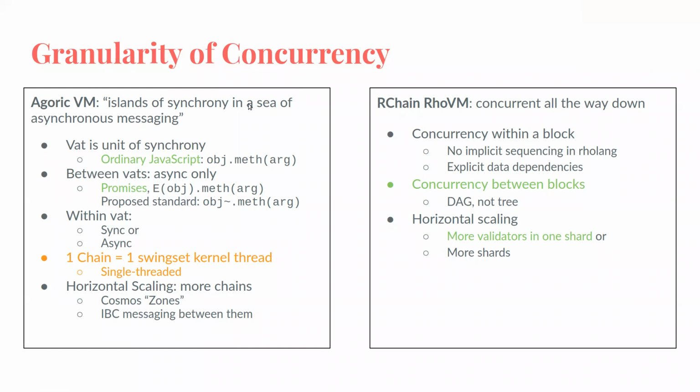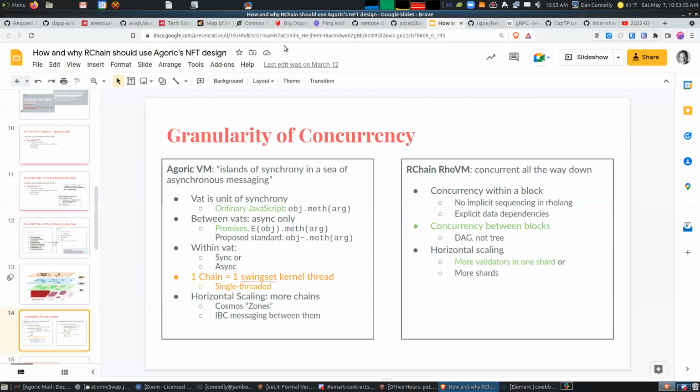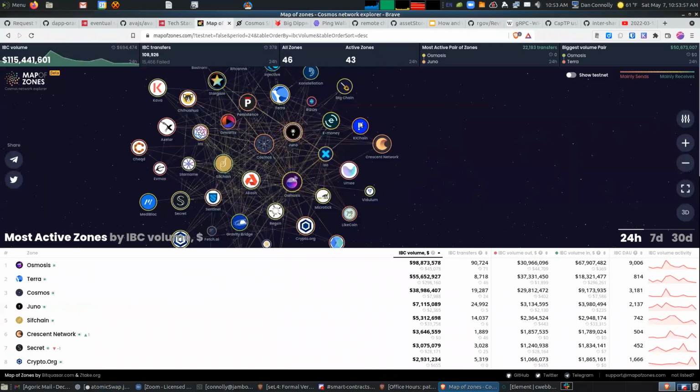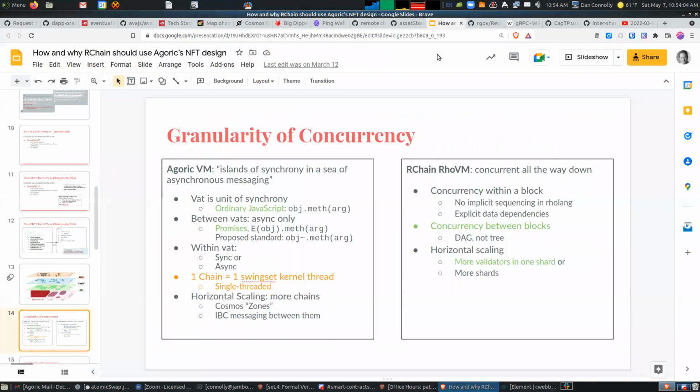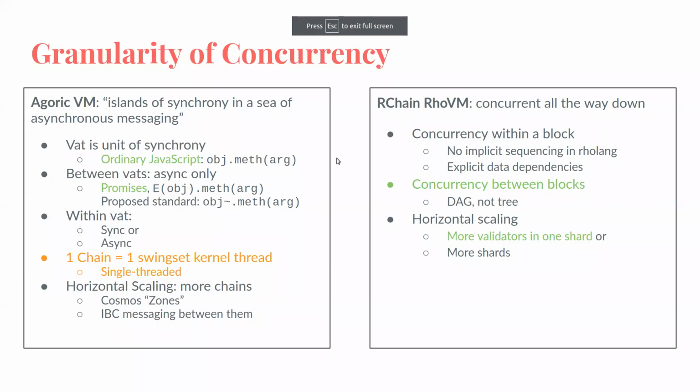The horizontal scaling story on the Agoric side is, well, just make another chain. As we saw, these folks are all peer-to-peering just fine. So if we had to make two Agoric blockchains, that's entirely straightforward. It's not a perfect story, but it's a story that makes sense.